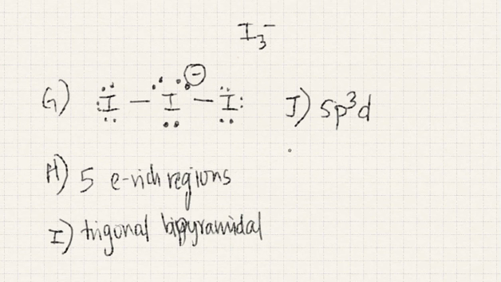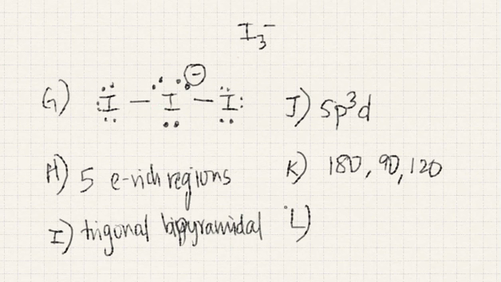So let's look at the bonding pairs. How many bonding pairs of electrons are there? There's 1, 2, 2 bonding pairs. So how many unbonded pairs are there? 1, 2, 3 for the central atom.